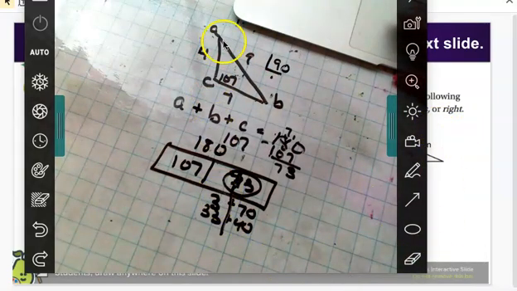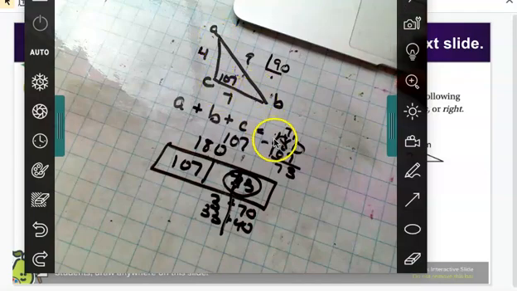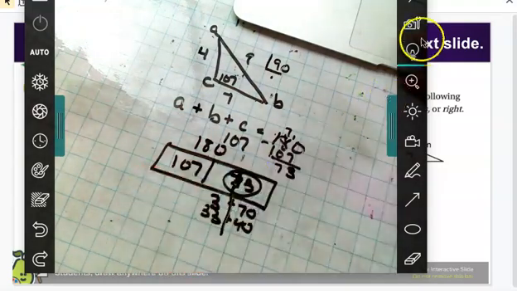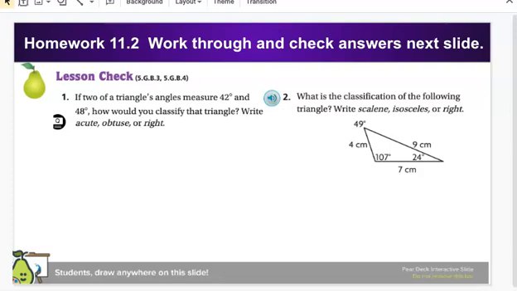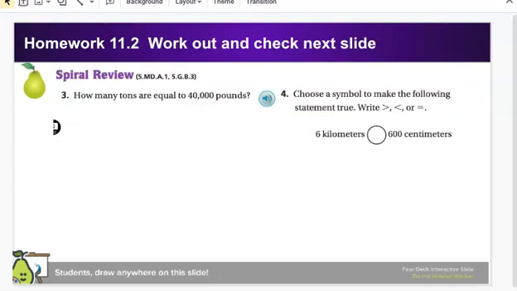So you had to know that all 3 angles equal 180. You had to know to subtract the angle measurement that you had, to find out what the other 2 angles added together could be. It came out to 73, so you automatically knew it would never be a right one. All right, try 3 and 4.